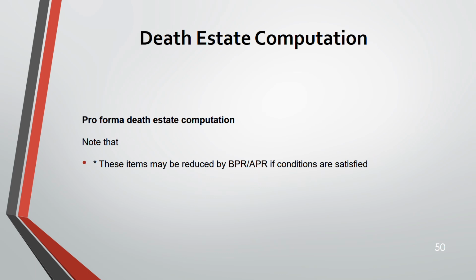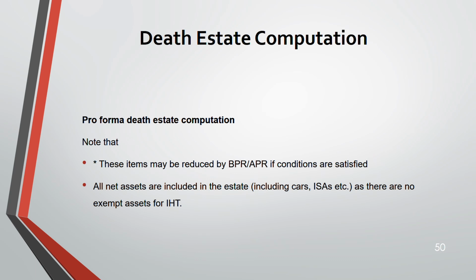No cash, no chattel, no car. You can't reduce anything from them. All net assets are included in the estate, including cars, ISA. Cars and ISA are exempt assets for your CGT and income tax, but here they are included as there are no exempt assets for IHT. For IHT, no exempt assets.